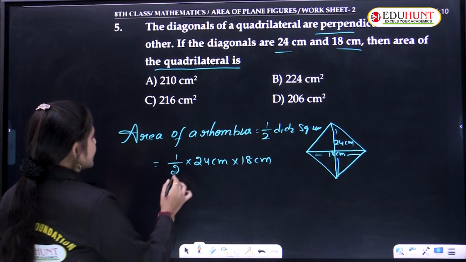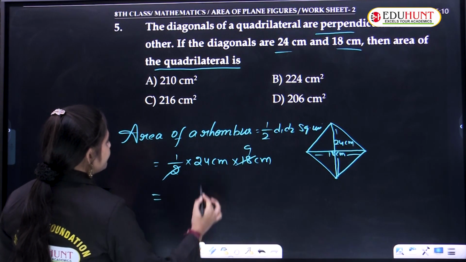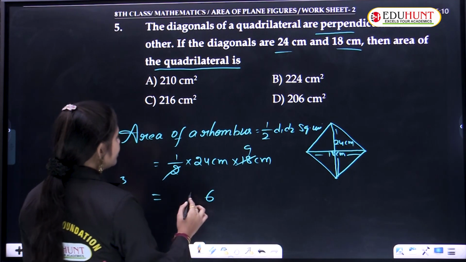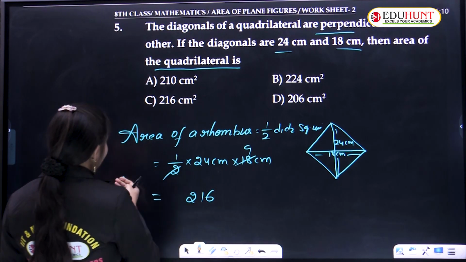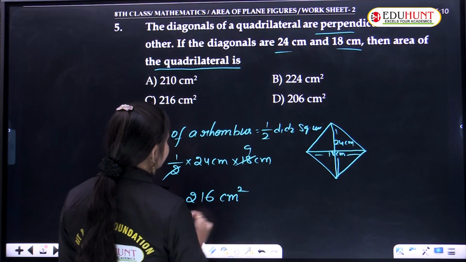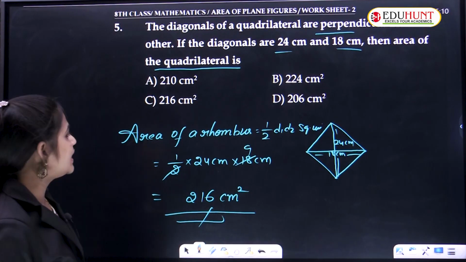Clear? Now here cancellation, 2 9s. After that, 9 4s are 36 and 9 2s are 18, 18 plus 3 is 216. 216 centimeters into centimeters, centimeter square. Okay, this is the area of the given quadrilateral.